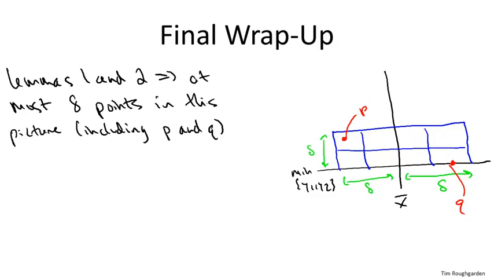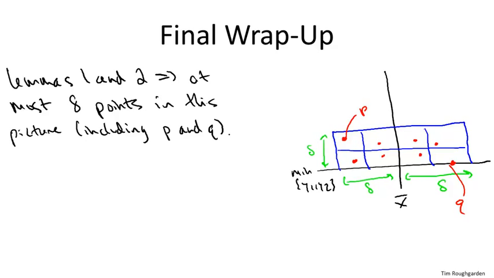So in the worst case, if this is as densely populated as could possibly be, given lemmas 1 and 2, every other box might have a point, and perhaps every one of those points has Y coordinate between P and Q. But this is as bad as it gets. Any point of the strip with Y coordinate between P and Q occupies a box, so at most there are these 6 wedged in between them. What does this mean? This means if from Q you look 7 positions ahead in the array, you are guaranteed to find this point P. So a split pair with distance less than delta is guaranteed to be identified by our double for loop.